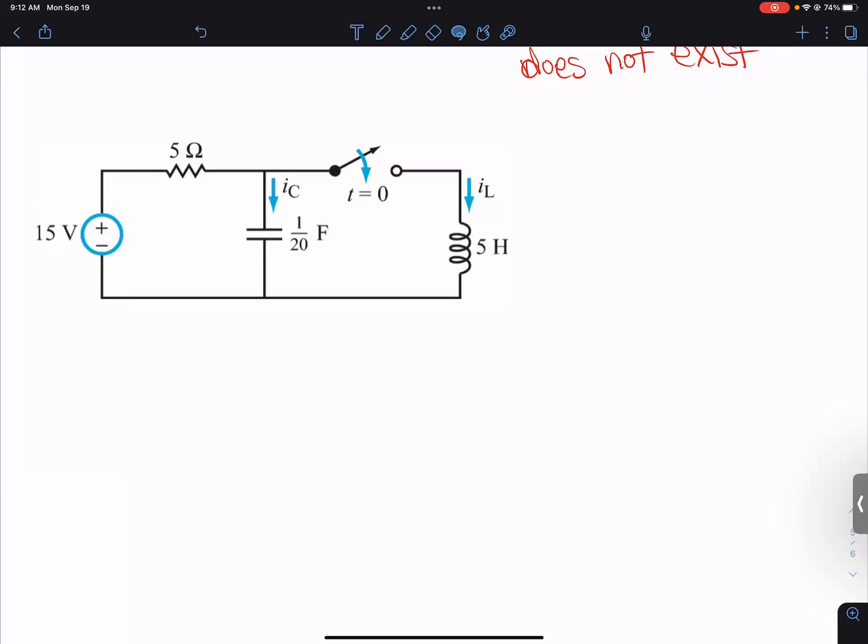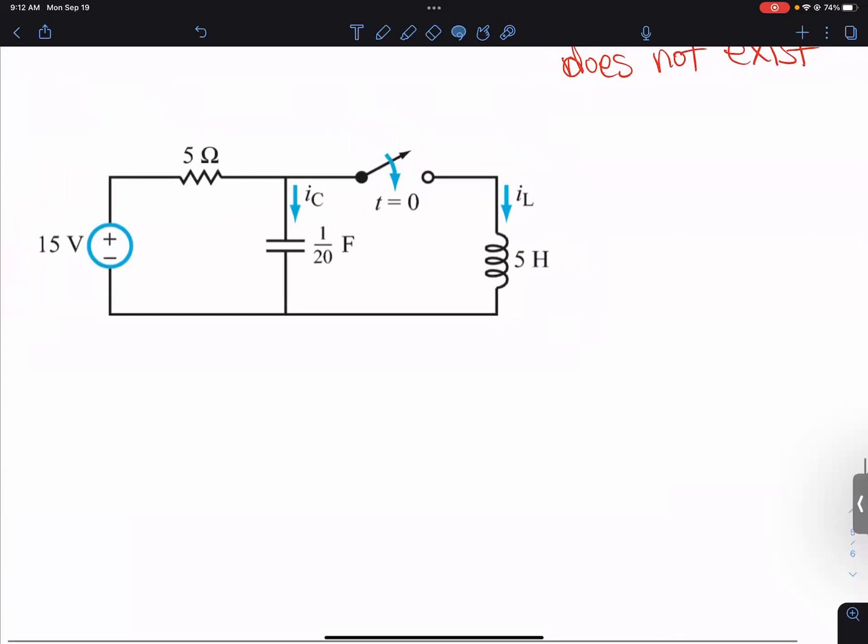We haven't really talked a lot about that, so no, I will not ask that on the exam. It's good to know what it is, but we haven't done problems on that. Okay, fine. Let's do IL first, and then I'll look at explaining the others. So IL.